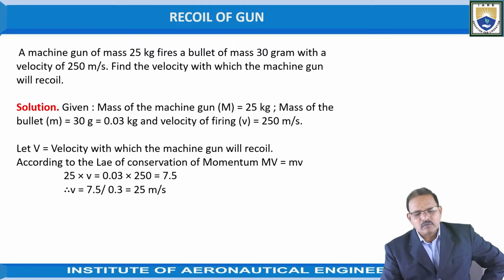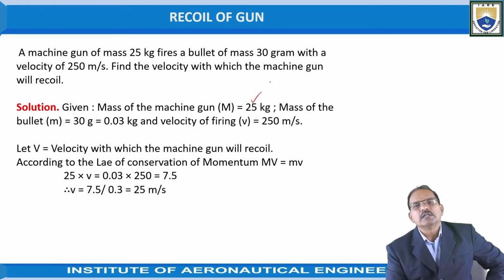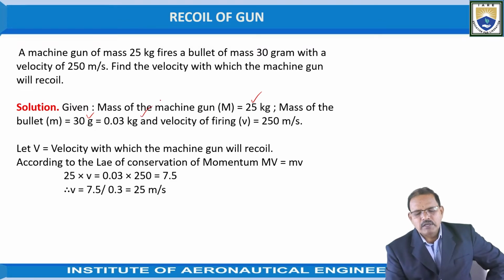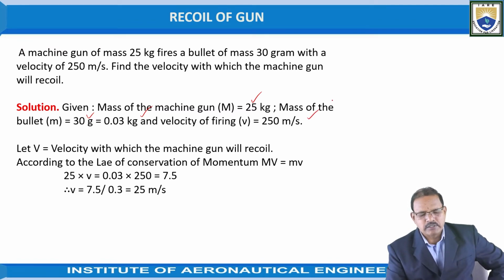The given data: the mass of the machine gun, capital M, is 25 kg. The mass of the bullet is 30 grams, which converted into kg is 0.03 kg. The velocity of firing is 250 meters per second.